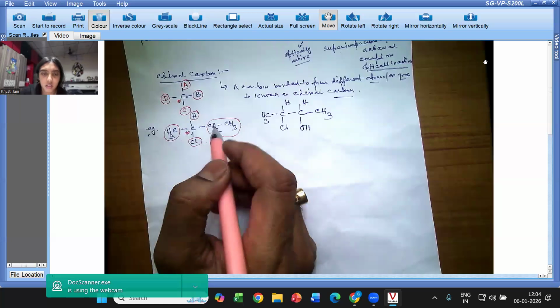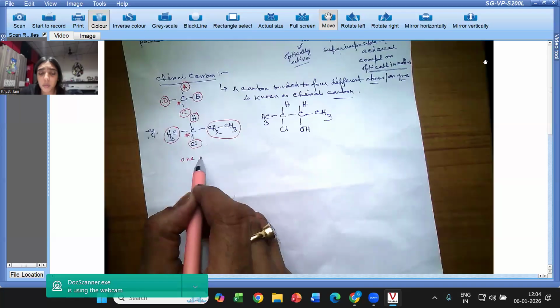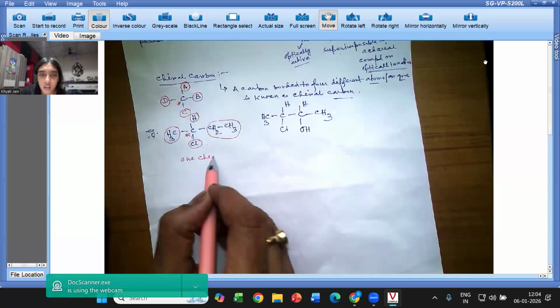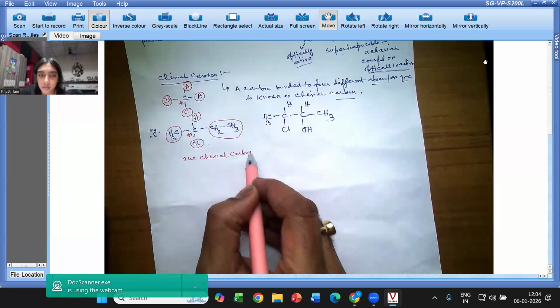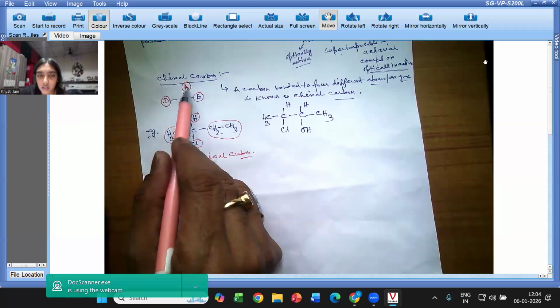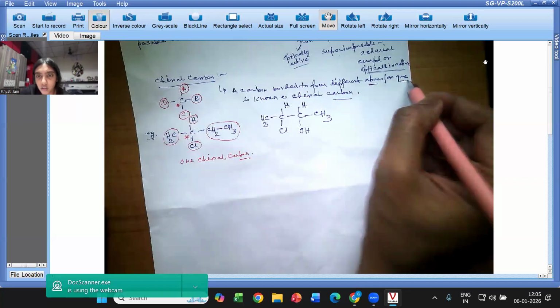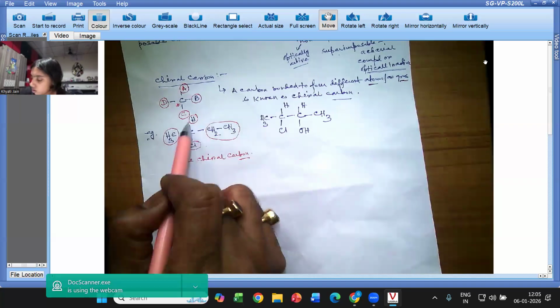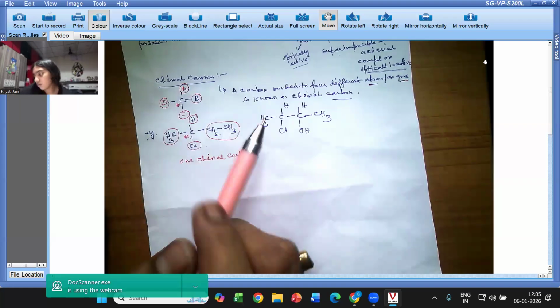Am I clear? Only one chiral carbon. Am I clear to you? As I told you, a carbon has four different groups of atoms. That's why I highlighted these atoms or groups. So the hydrogen and these different groups, atoms, the ethyl group, this is the chiral group.